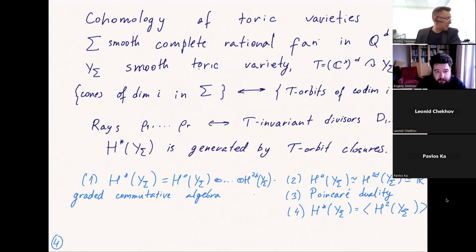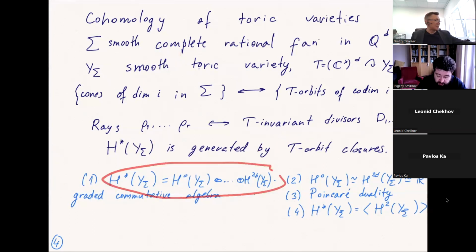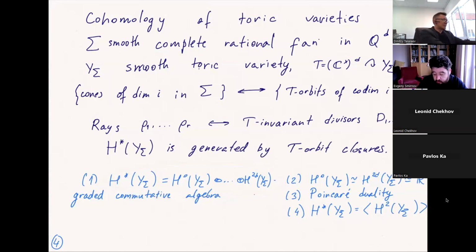If your variety is smooth, and I'm considering smooth varieties, its cohomology ring is a graded commutative algebra with Poincare duality, and in particular, it is generated by the first degree component.